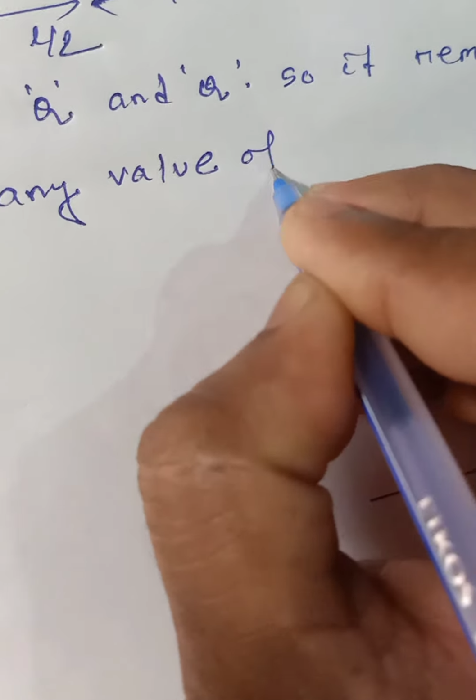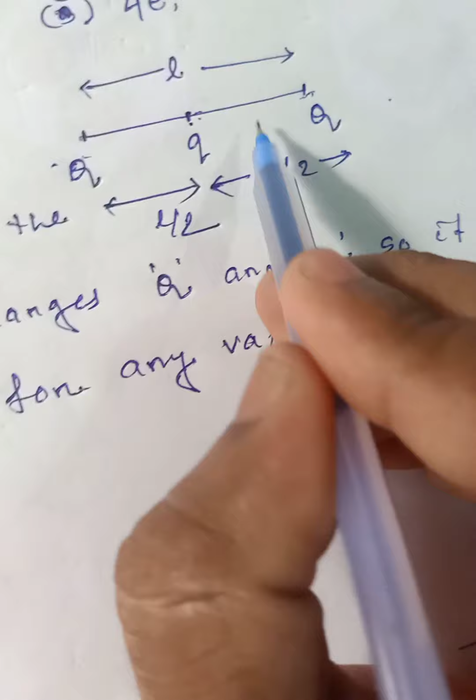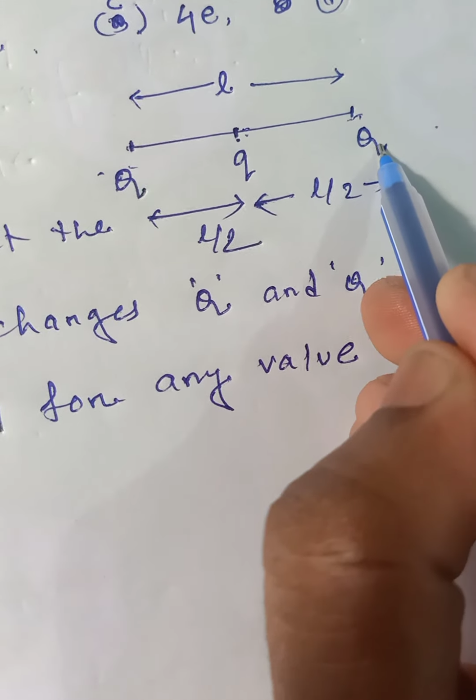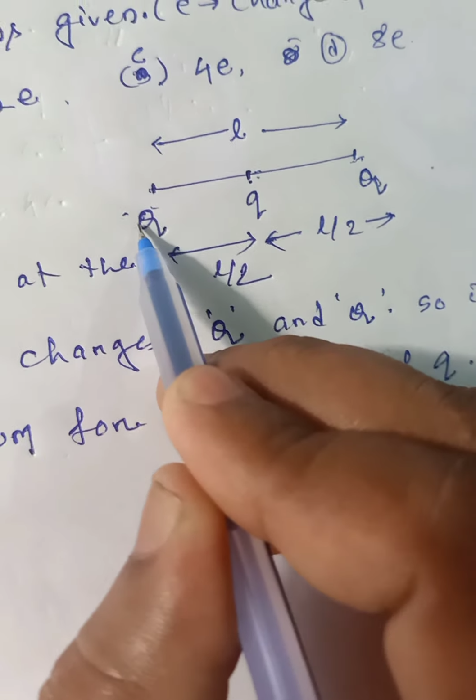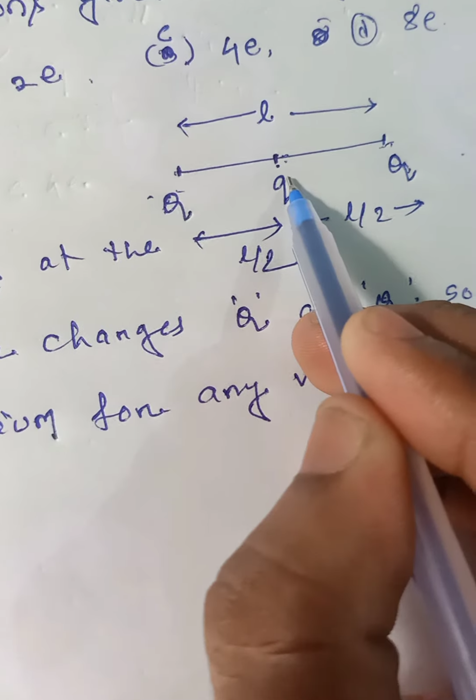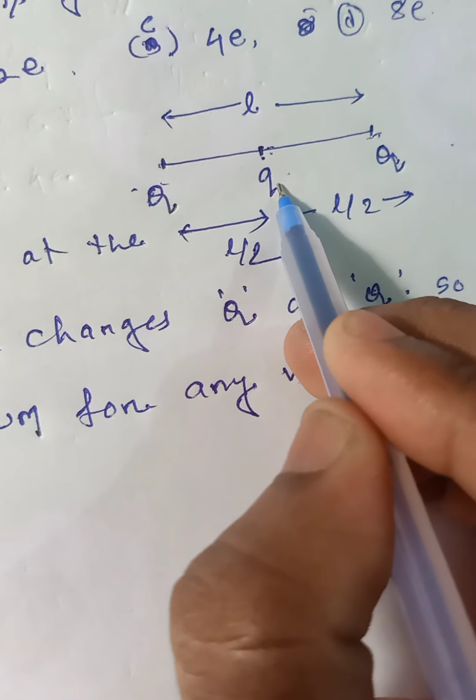for any value of q. That means the capital Q charges are in equilibrium with respect to the small charge q.